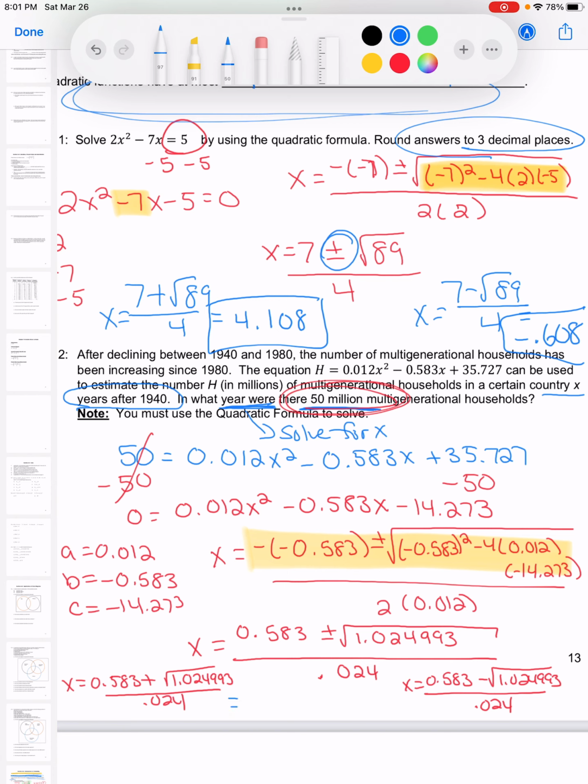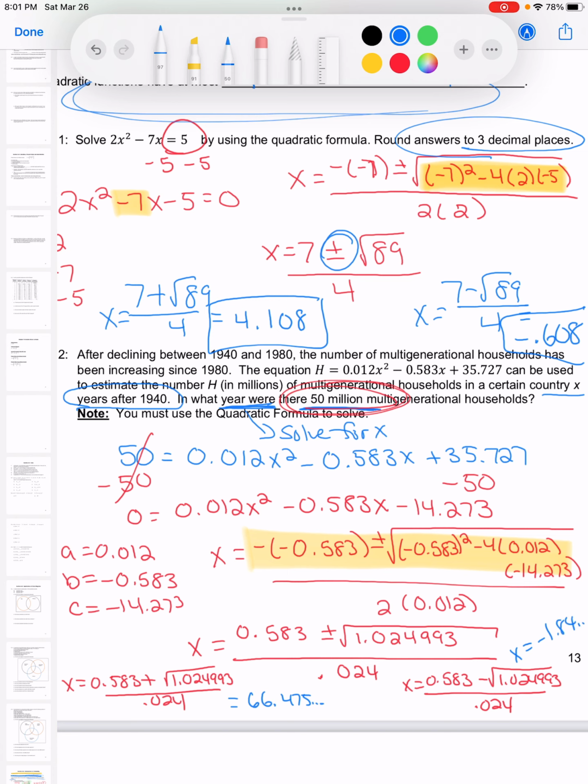Well, it's a red there, so I'll change colors here. So if I type in the plus one, I'm not going to worry too much about the decimals here. It's going to come out to be 66.475 and some other things. And then for this negative, when I type it in, I end up getting a negative answer.